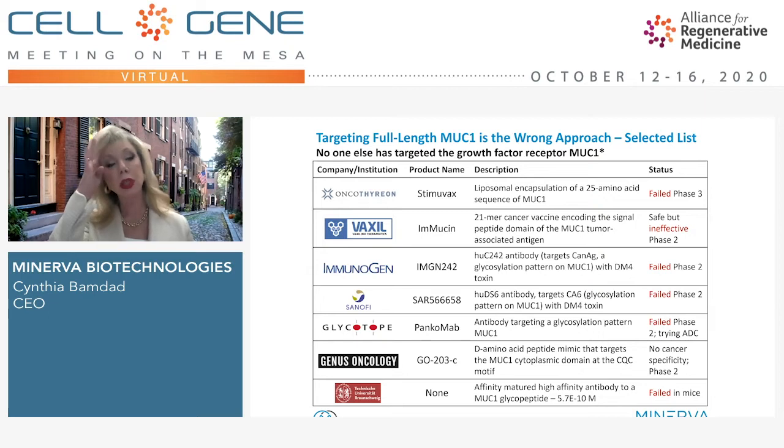The only exception is Genus Oncology had a synthetic peptide that's a mimic of the cytoplasmic domain of MUC1. And you will understand that the cytoplasmic tail of MUC1 looks the same, whether it is MUC1 full length or this cleaved growth factor receptor form. So all of these have failed.